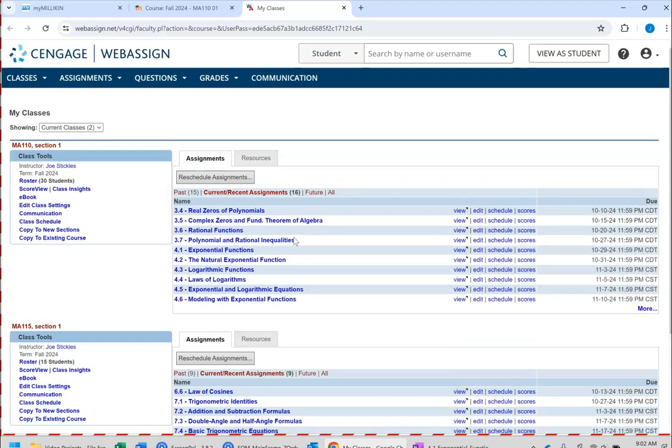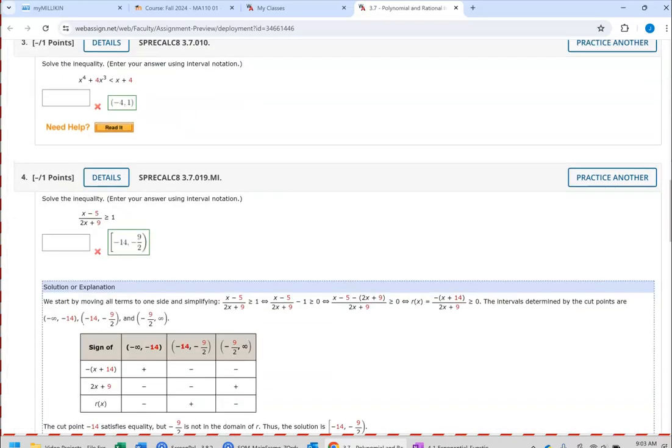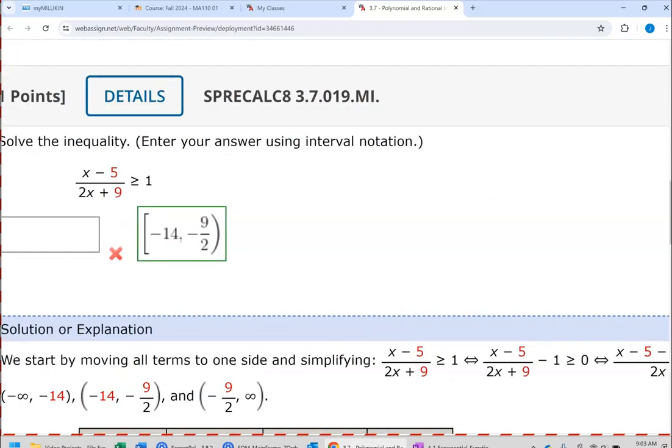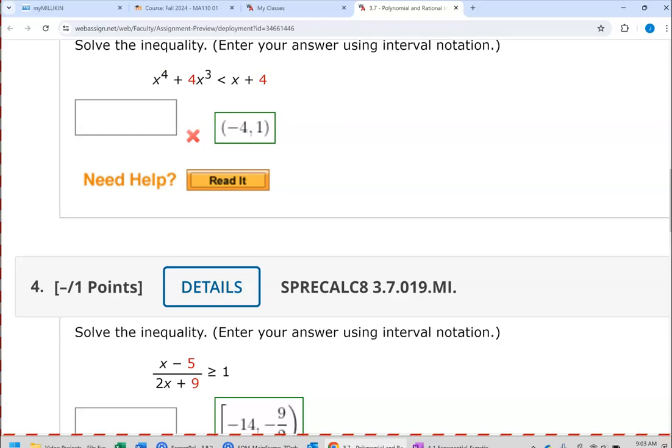Well, assuming it loads. There we go. 3.7. Oops, I hit the wrong one. There we go. Number, that one? Yes. Okay. So we've got, yes, okay.